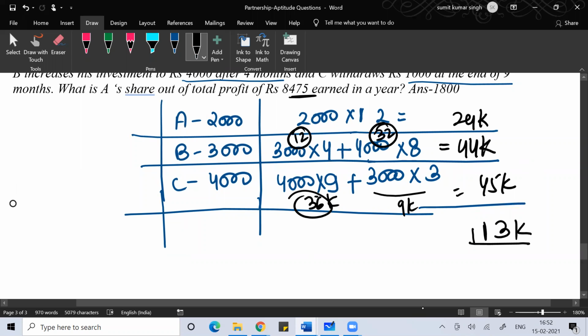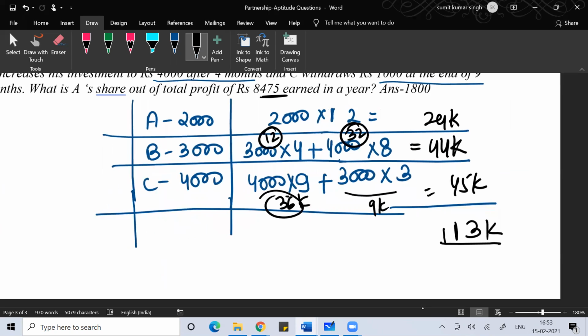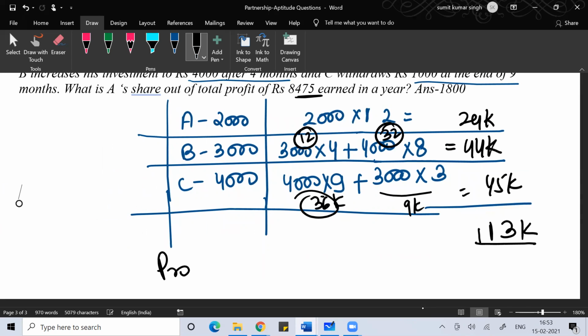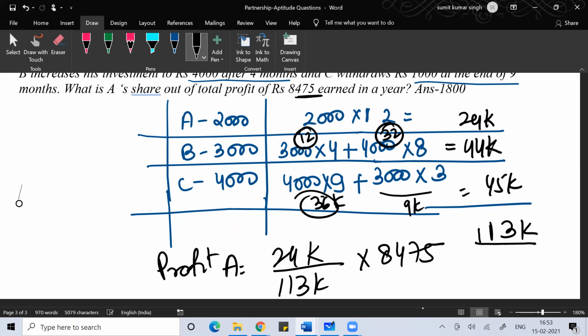I told you whenever we talk about profit sharing, it is done on the ratio of how much money you are putting into the business and how long you are putting that money into the business, the compounded ratio of that. So the profit A will get is the ratio of the investment, 24K by 113K, times 8475.